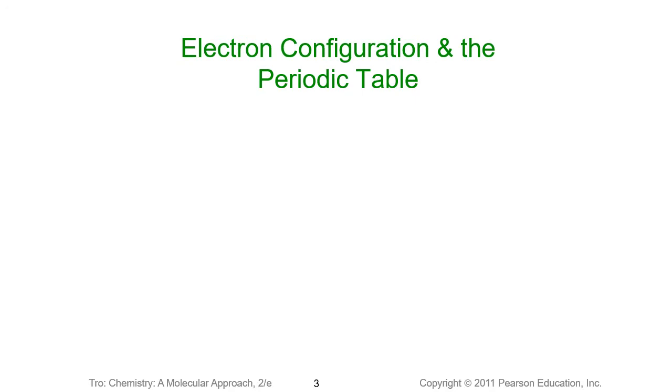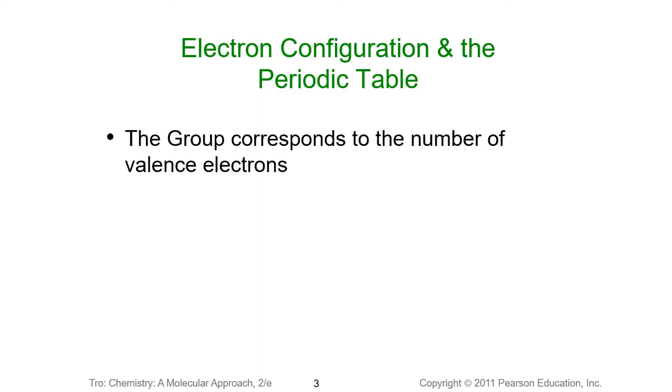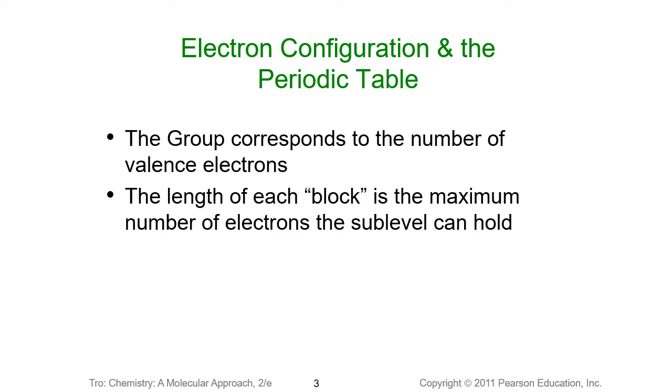We can determine an electron configuration by looking at the periodic table. The group number, the column that it sits in, corresponds to the number of valence electrons. The length of each block is the maximum number of electrons that can be held in that sublevel.